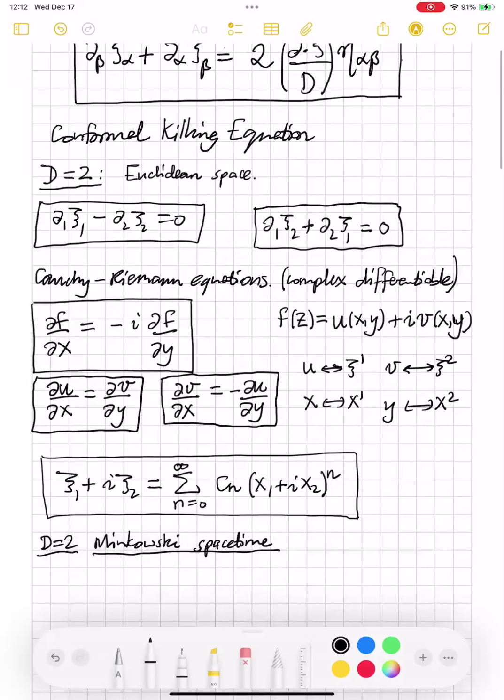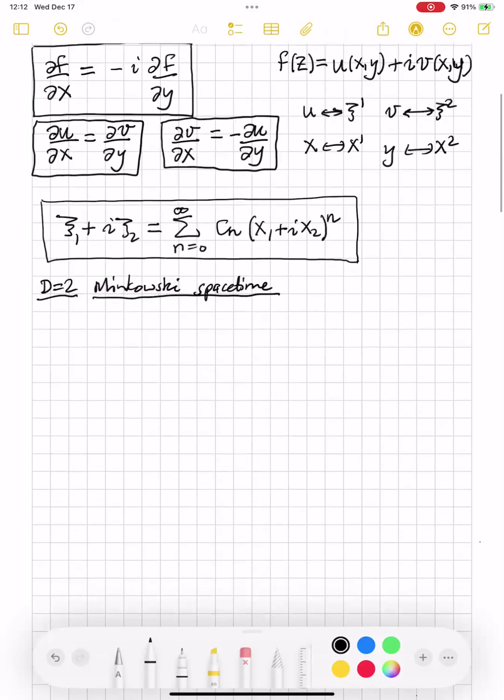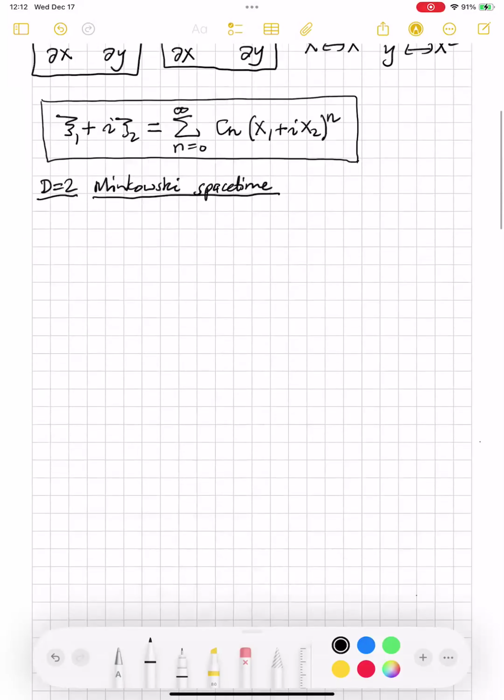What do we need? We need the metric. So eta alpha beta is equal to. Now here you've got some choices. You're going to take the mostly minus or mostly plus. I'm going to choose the minus 1, 1 metric. So this is opposite to what we were using when we talked about the Poincare group, but that's fine.